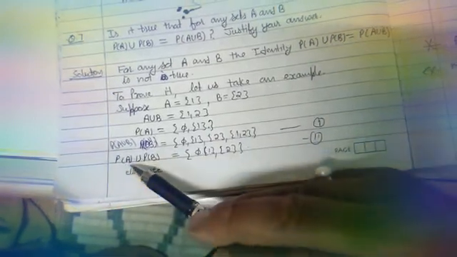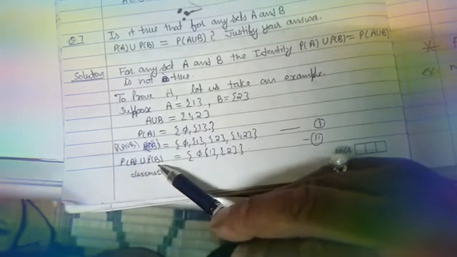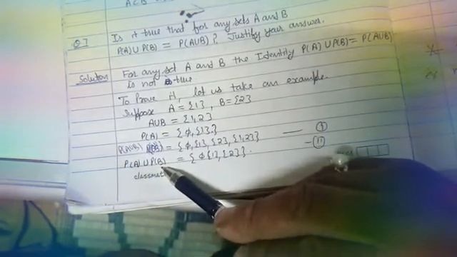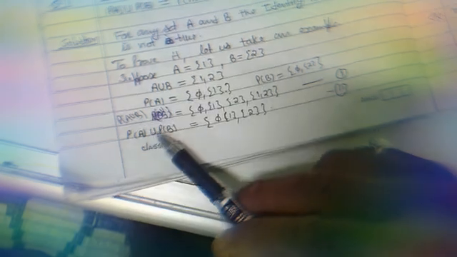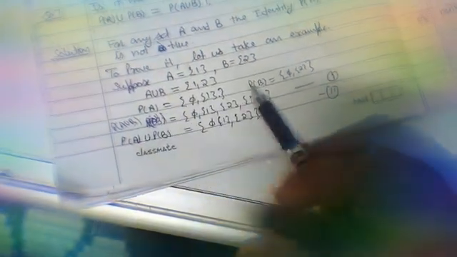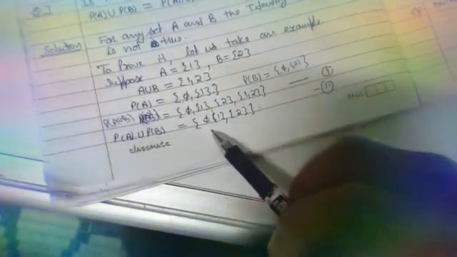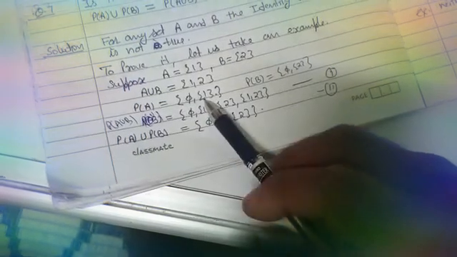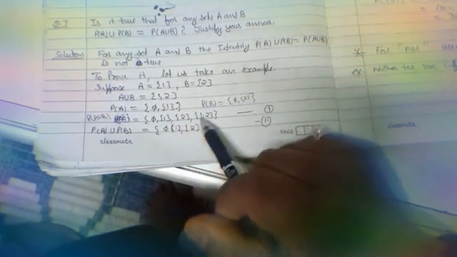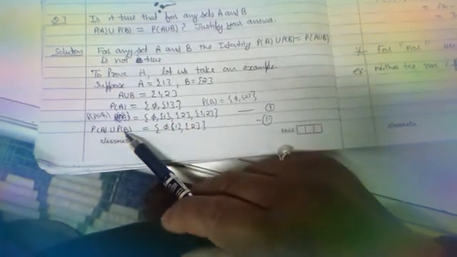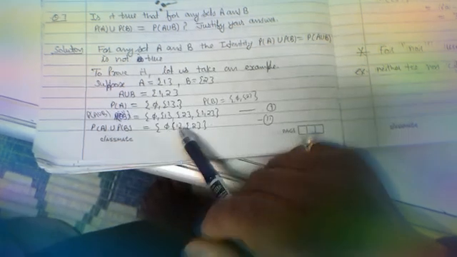Now we can see here the power set of A union the power set of B. Now from here we can see that the power set of A union B is the empty set, {1}, {2}, {1, 2}, and the power set of A union the power set of B is equal to the empty set, {1}, {2}.